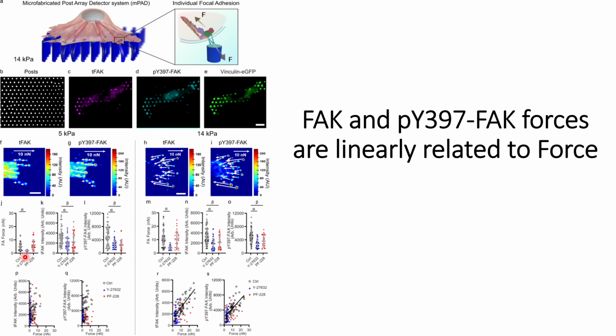When they wanted to find out the reason for these FAK forces, they first used ROCK inhibitors to suppress the ROCK pathway, which is known to trigger actomyosin. When they inhibited this ROCK pathway they saw a decrease in the forces, indicating that actomyosin plays a role in FAK interactions.